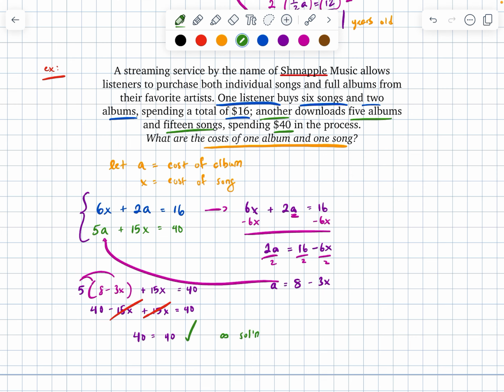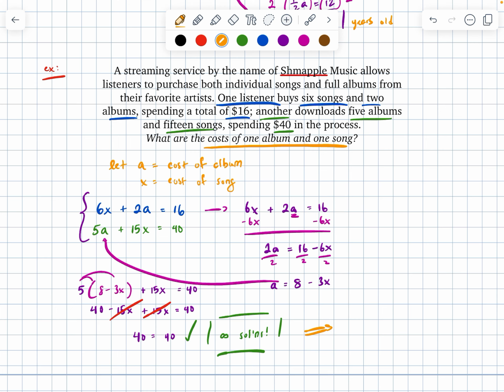This system happens to have infinite solutions. When I have infinite solutions, that means that my lines overlap. They are exactly the same. Any combination, right, or any point that I can find on one line would be the same as the point on the other line. What that tells me then, in the context of this problem, I have infinitely many correct answers.